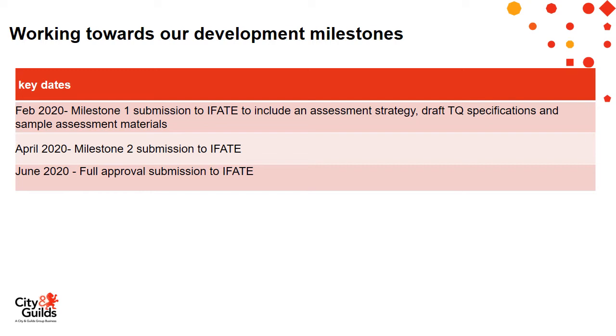In between these dates, we will obviously get feedback from IFATE, and we'll be taking that on board and again working closely with consultants, industry and subject matter experts on how we can continue to improve the product in terms of assessment and technical qualification specs.